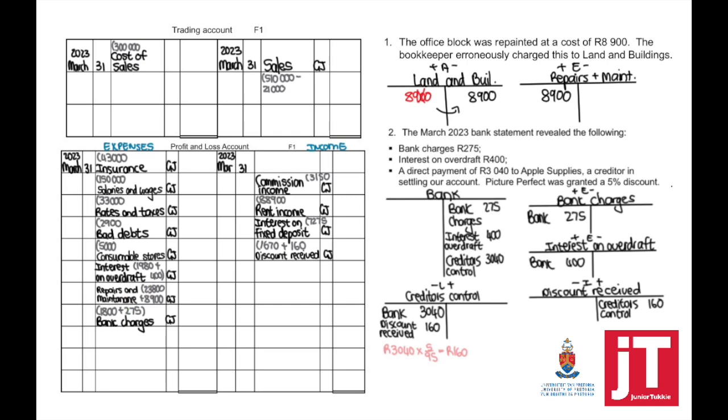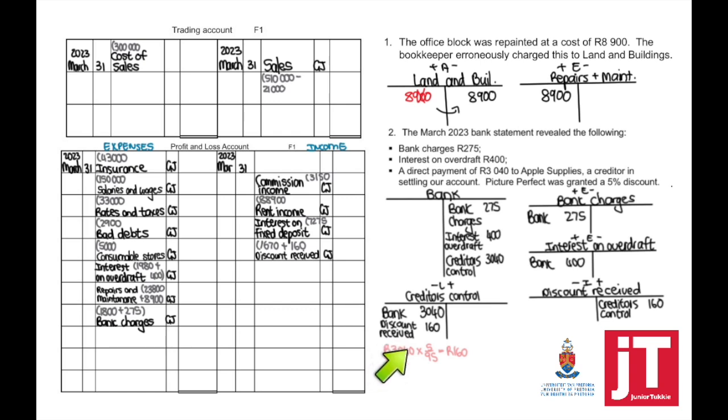But now when we're looking at the direct payment that was made, a payment was made to our supplier, 3,040, which means bank is credited and creditors control is debited. But it says there, Picture Perfect was granted a 5% discount. So this is your more challenging calculation.